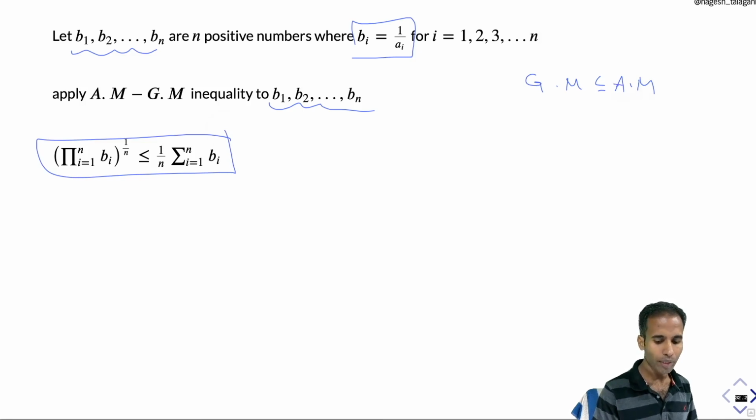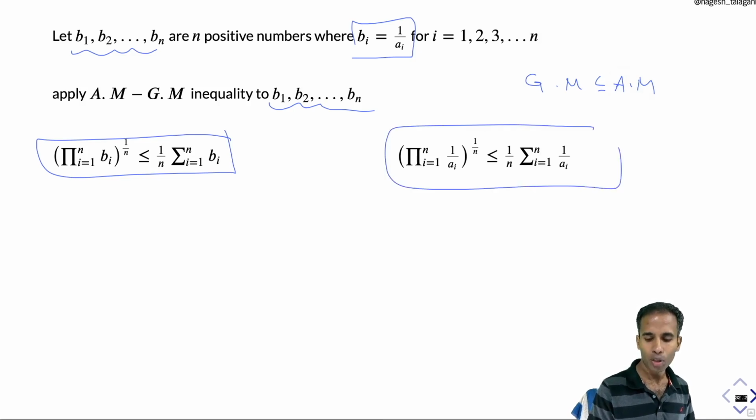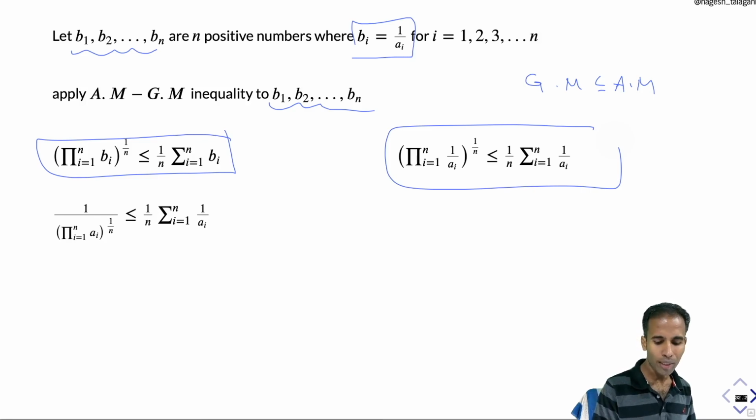Okay, fine. Now let's replace Bi with 1 by Ai. Then we have this: product i equal to 1 to n of 1 by Ai, all to the power of 1 by n, less than or equal to 1 by n summation i equal to 1 to n of 1 by Ai. Now the left side we can write as the reciprocal, 1 by the product i equal to 1 to n of ai, all to the power of 1 by n. The right hand side is as it is, less than or equal to this.